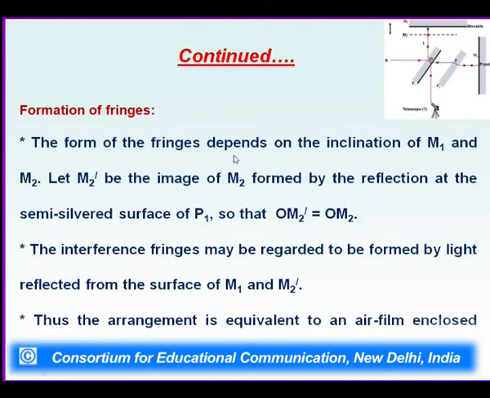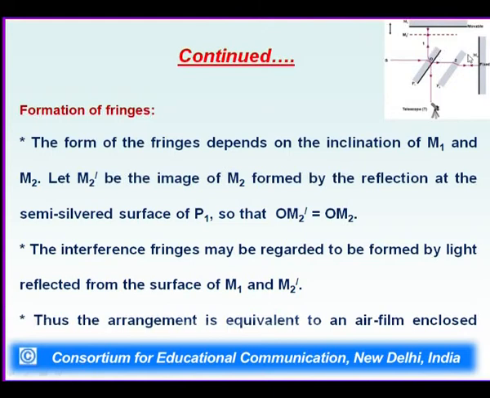The form of the fringes depends on the inclination of M1 and M2. Let M2 dash be the image of M2 formed by the reflection at the semi-silvered surface of P1, so that OM2 dash is equal to OM2.